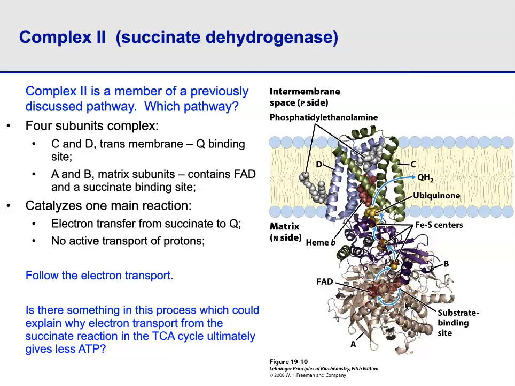Now again, the two reactions furnished by this complex are the transfer of an electron pair from succinate, which is the substrate in this case, to FAD, and then from there to iron sulfur proteins, and then from there to ubiquinone, converting it to ubiquinol.